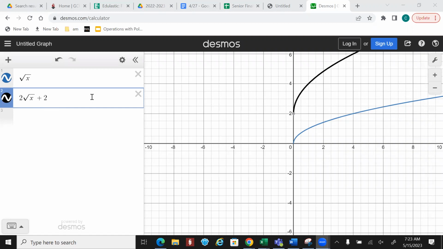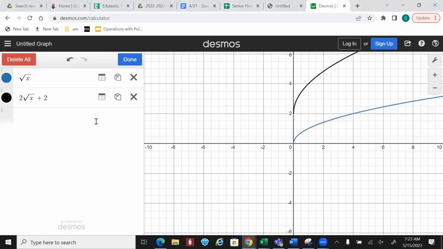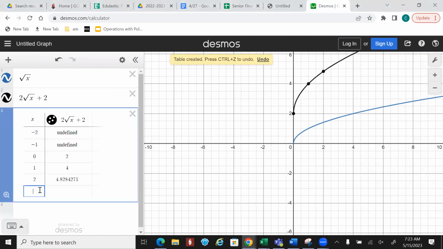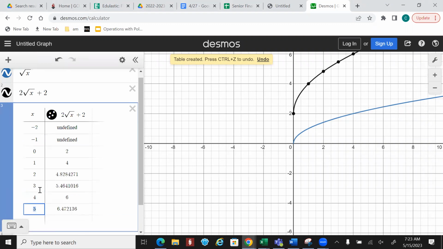If I'm going to graph this, I'm going to use my table and plot about 3 points. You can plot (0, 2), (1, 4), and (4, 6), and then connect those dots. Between the parent function, from blue to black, let's talk about the transformations.